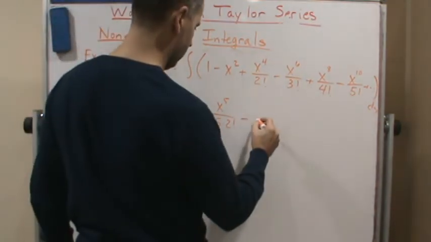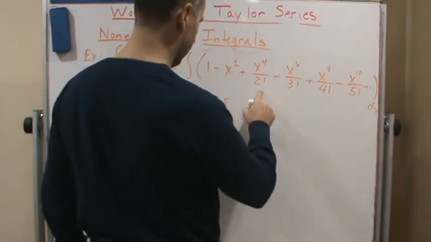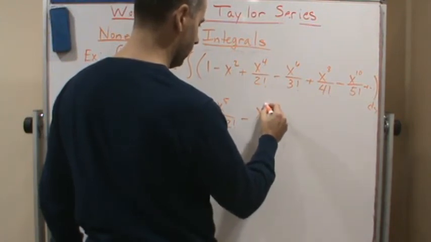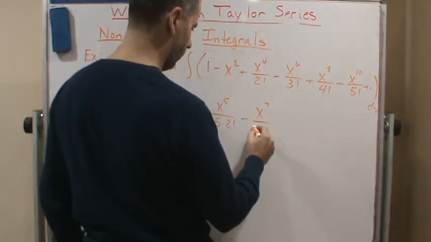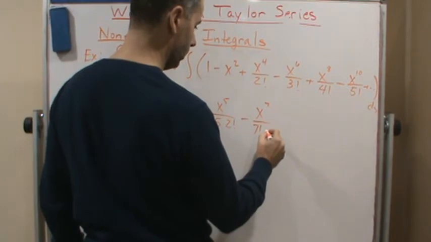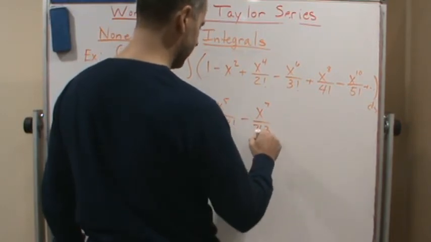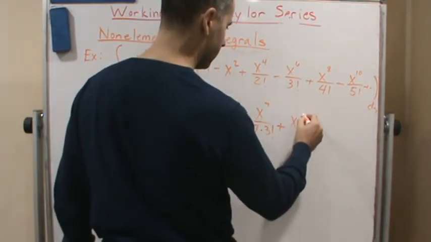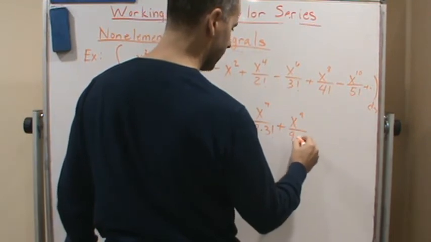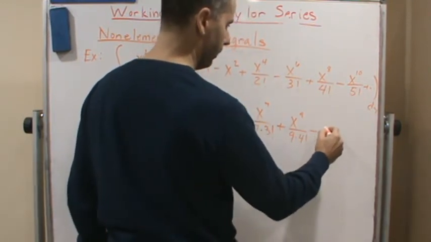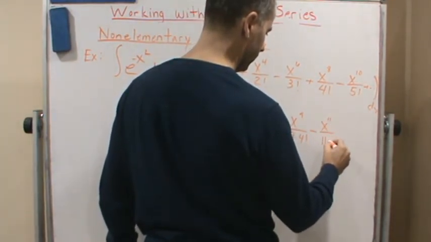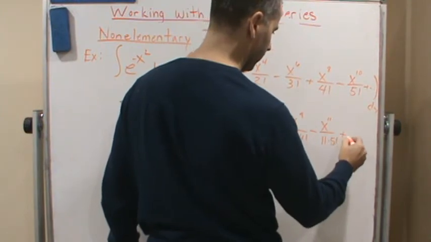And minus x to the 7th over, oops, not 7 factorial, 7 times 3 factorial, plus x to the 9th over 9 times 4 factorial minus x to the 11th over 11 times 5 factorial plus, and so on.